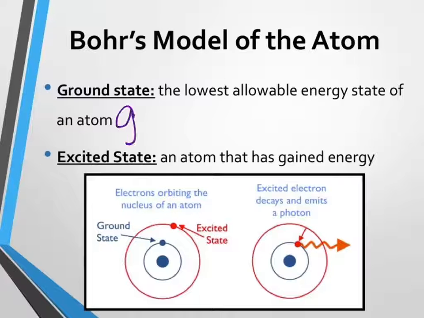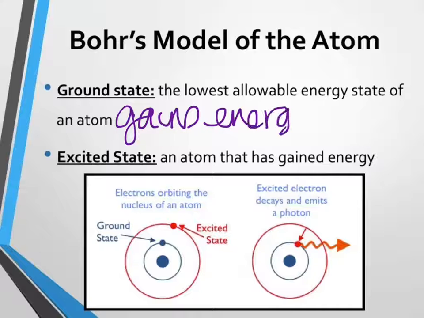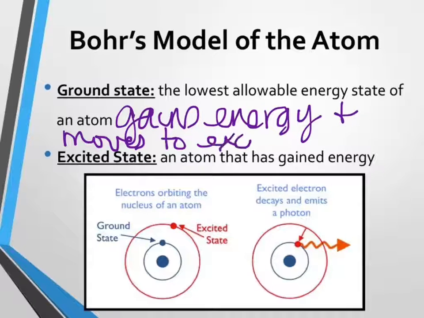Okay, so it gains energy in the ground state and moves to the excited state. So here it's in the ground state. It gained some energy, and it jumped up to the excited state.